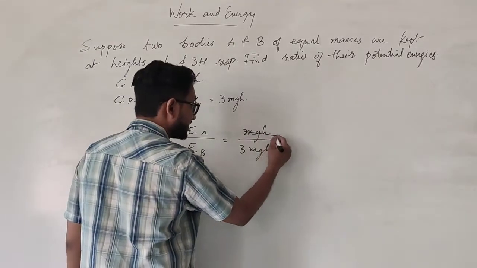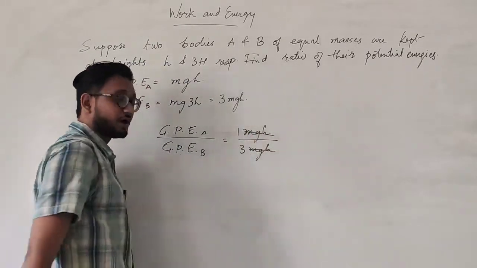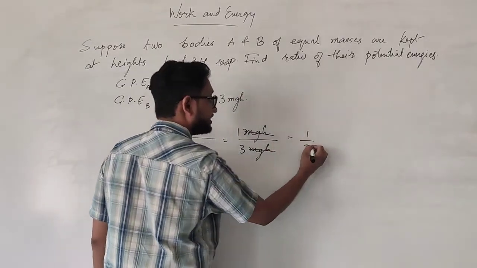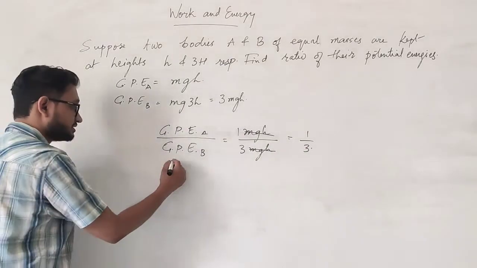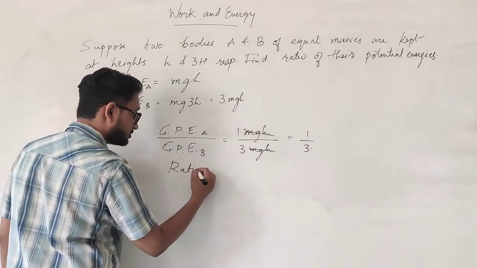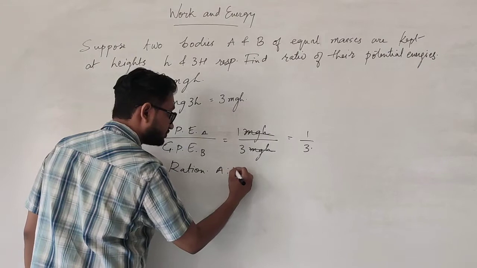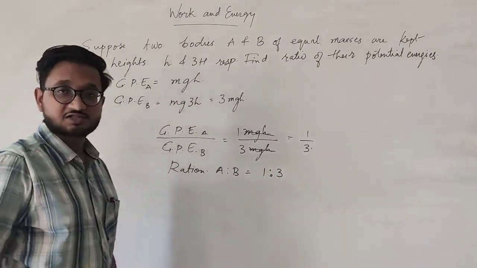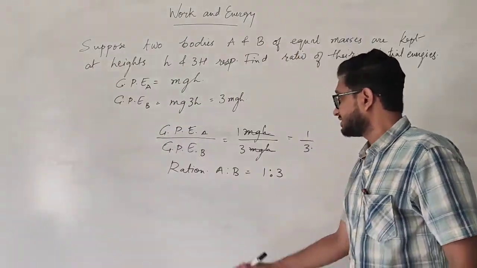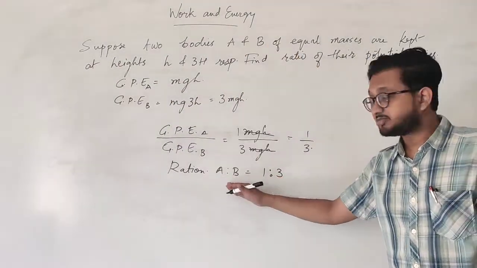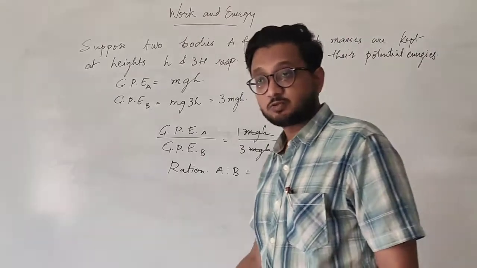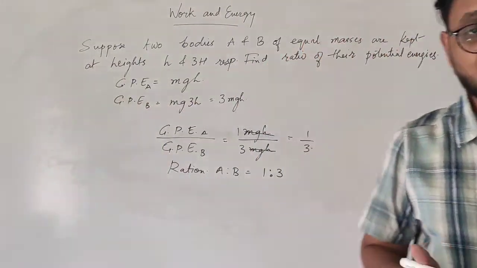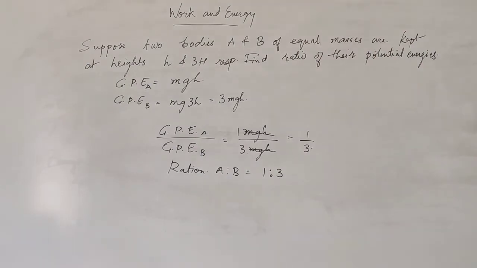Okay, this mgh and mgh get cancelled, so only 1 is remaining on the top, so it becomes 1 upon 3. So I can write the ratio of A is to B as 1 is to 3. So the ratio of gravitational potential energy for object A and B is 1 is to 3. Very simple. I'll give you a moment to write the numerical and then we'll move on.